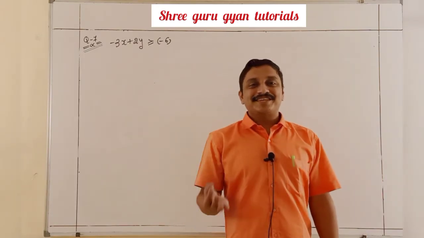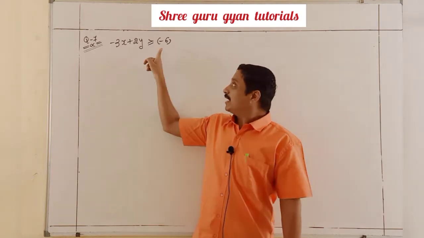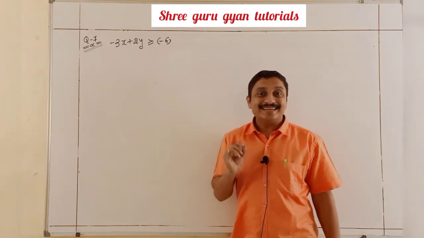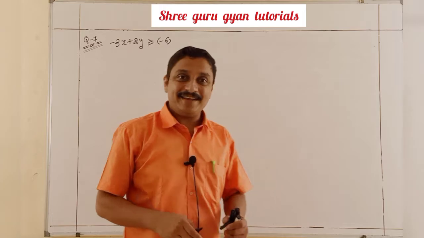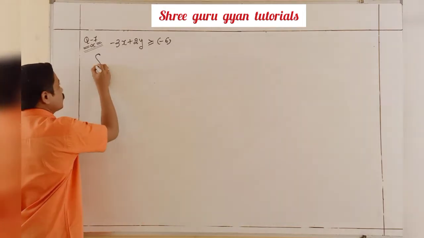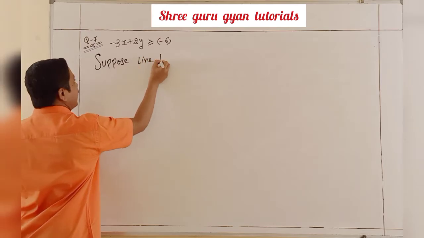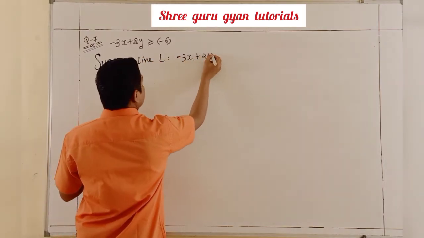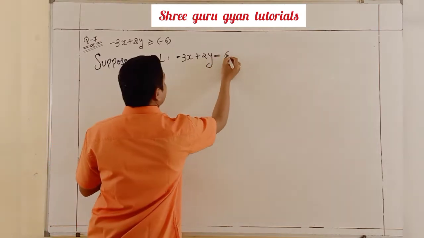Now students, one more question of the same type: minus 3x plus 2y greater than or equal to minus 6. Greater than or equal to given means? Yes, it is the closed half plane. Same starting. Suppose the line L, I take down minus 3x plus 2y is equal to minus 6.